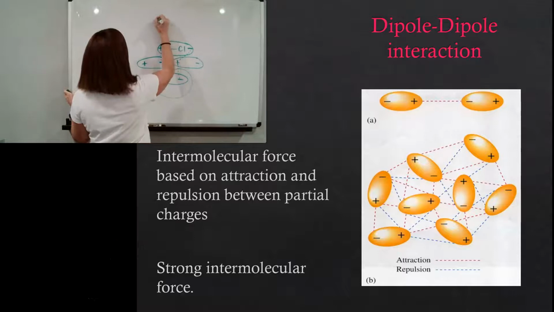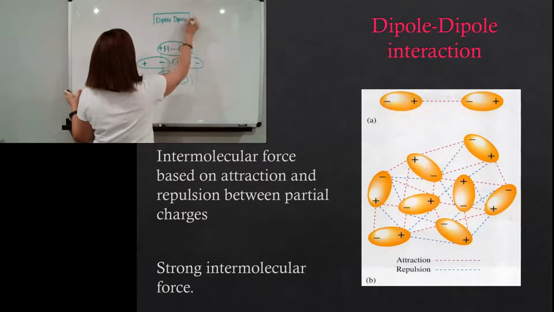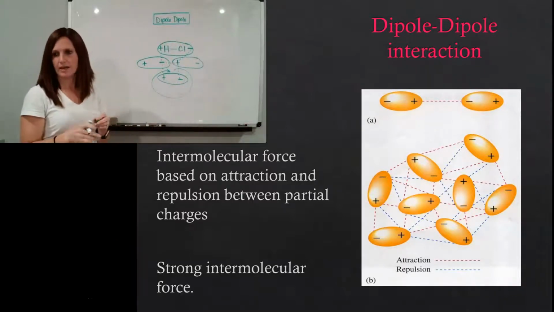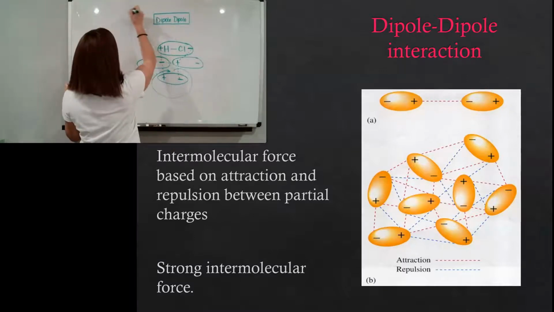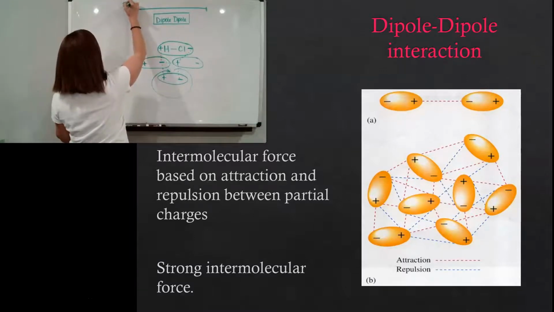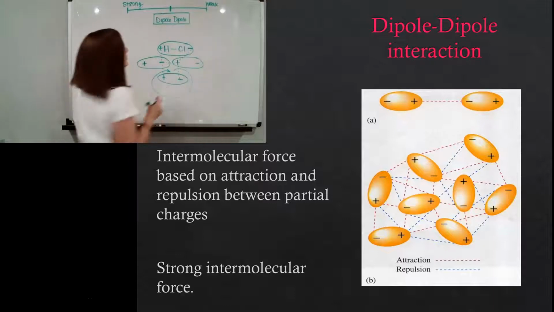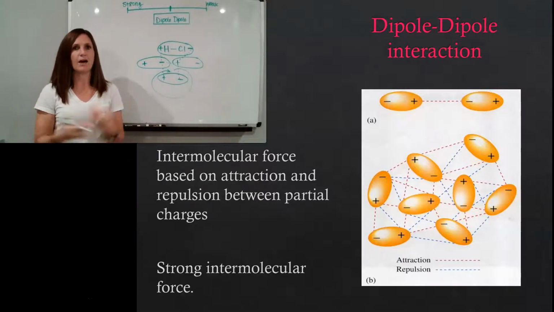So I'm going to put dipole-dipole right here as a middle strength interaction. This is strong over here, and the dipole-dipole interaction is in the middle in terms of our intermolecular forces.